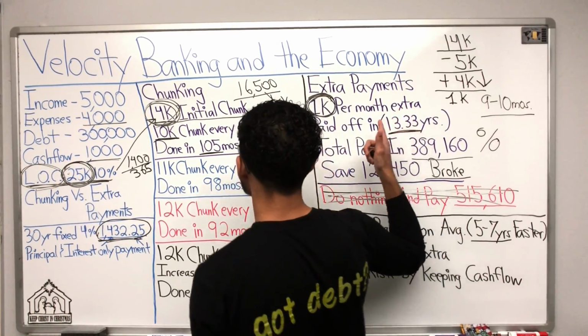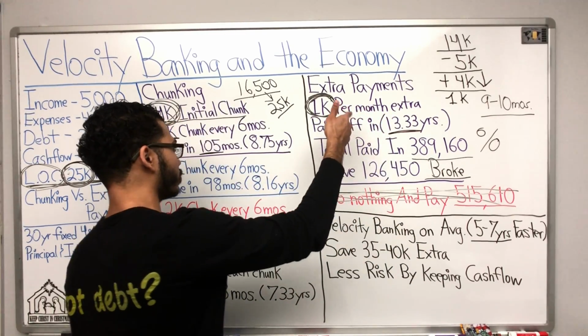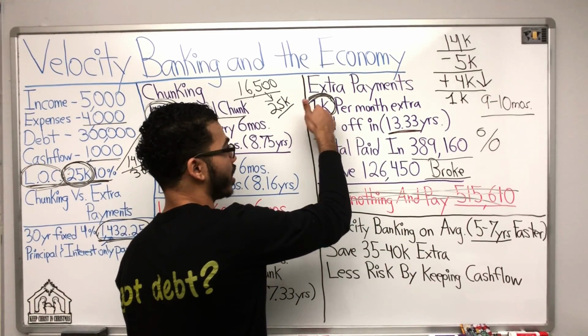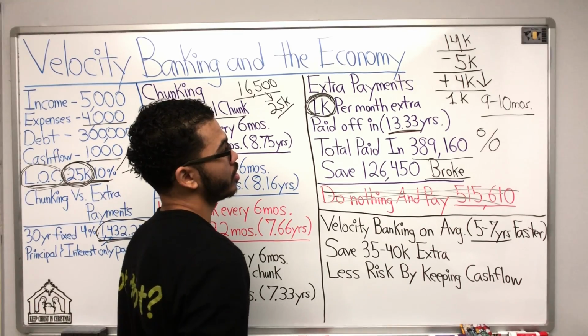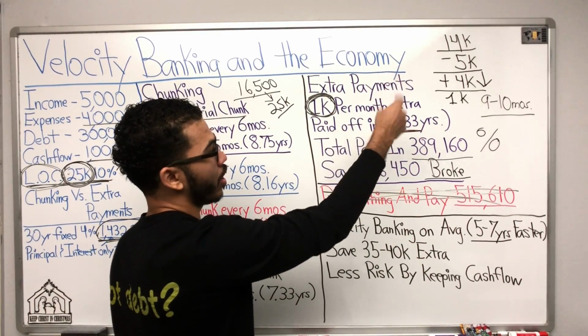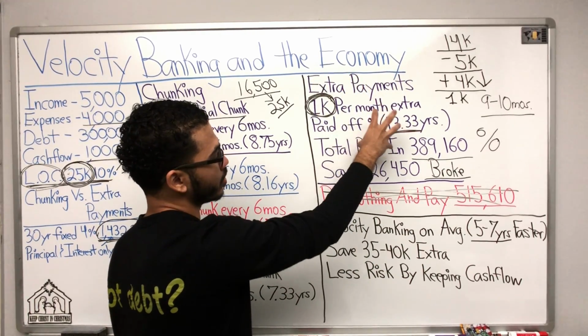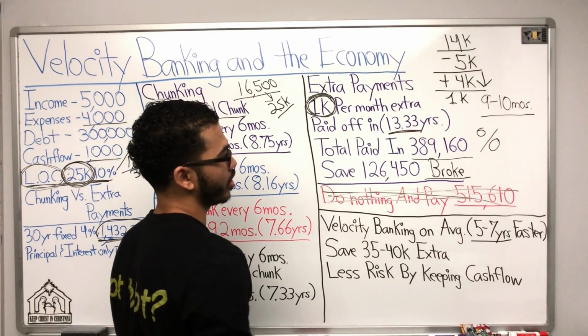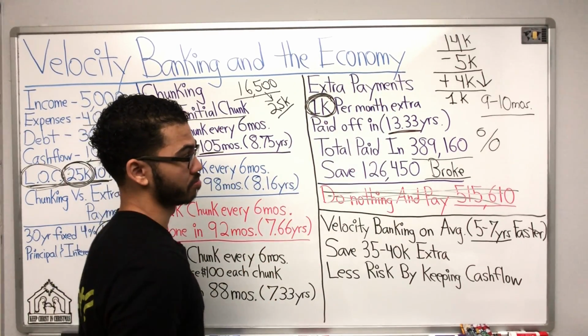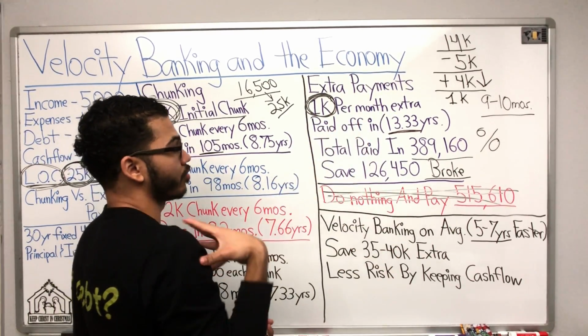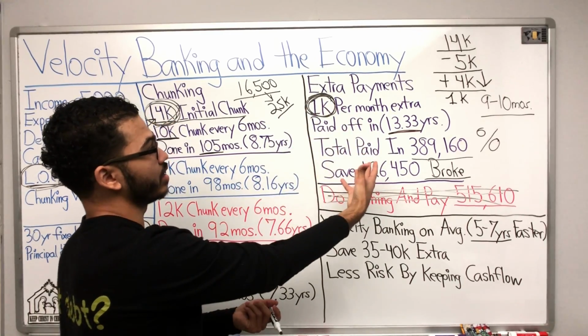Whereas over here, where is your security? Your security was the 1K and the 1K only. See, when you're doing this method, how can you solidly invest or save money in the process? I don't know. You're going to have to coach me on that because I don't see it.